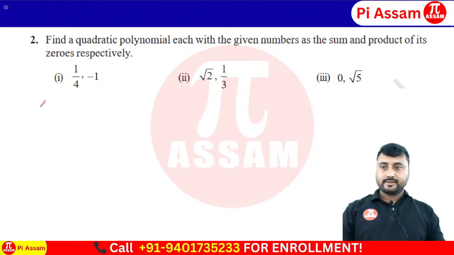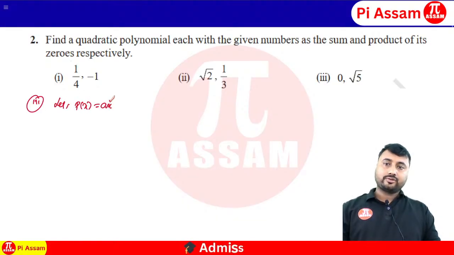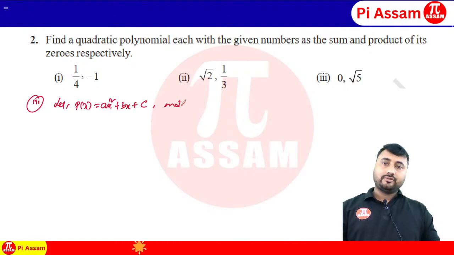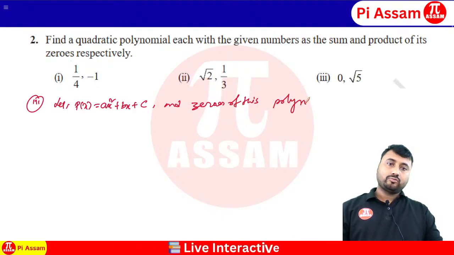Great. So next, question number 3. Let the polynomial p(x) equal to x squared plus bx plus c and let the zeros of this polynomial be alpha and beta.